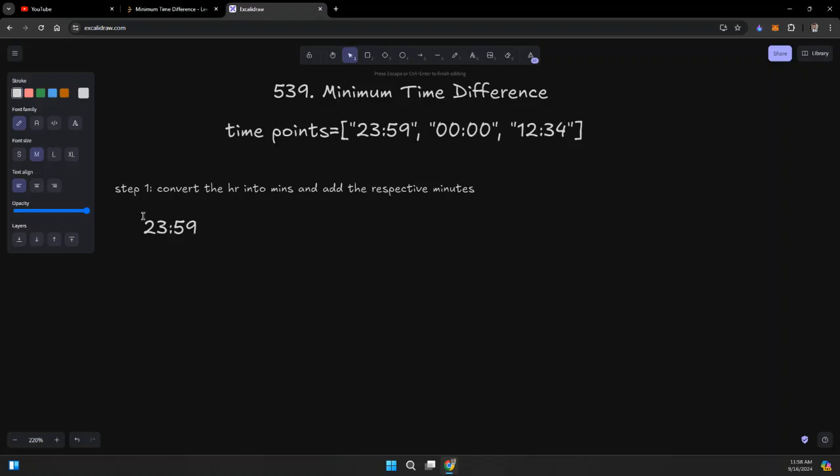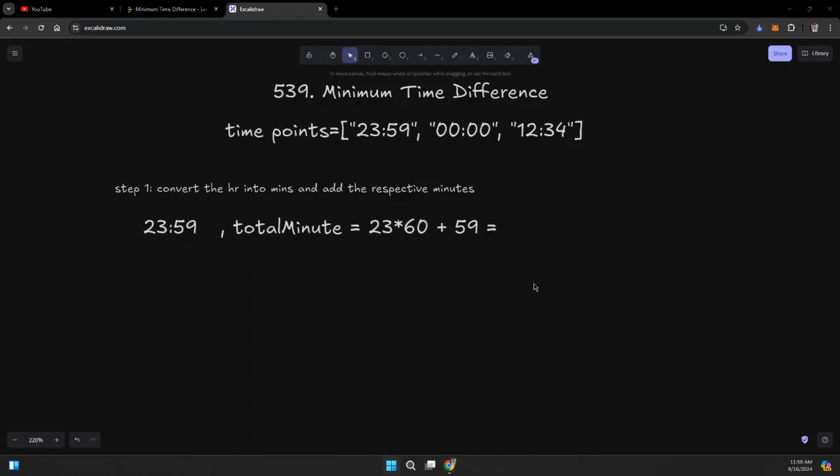So the total minutes will be equal to 23 into 60 plus 59.